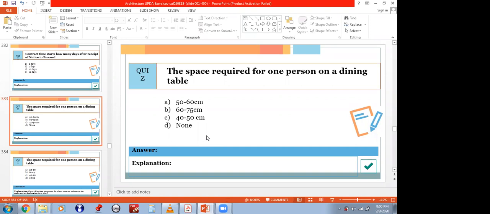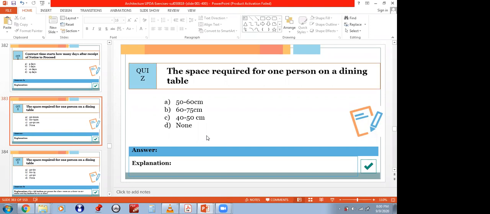Because of the anthropometrics, if you lift your arm and then the other person, this is the space it should be. I read that in Graphic Standards. So complicated. So how much space is required for one person on that table? Should be 60. For 3 to 6, yes, it's 60. The minimum that is required is 60. So it should be 60 to 65. 60 centimeters is 600 mm.